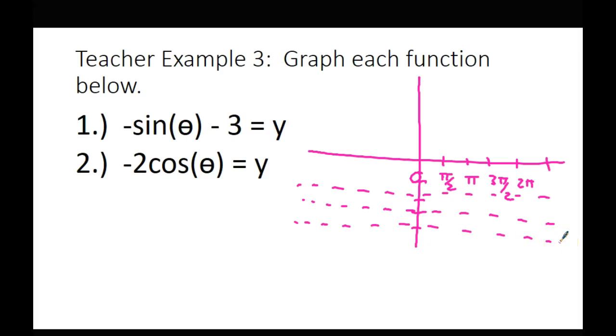Up 1 and down 1. And this is what kind of a function? Sine. So it starts at the midline, but since it's negative, now it goes down. That's the only difference. So midline, over 1, down 1, over 1, up 1, over 1, up 1, over 1, down 1. So the only difference is it went down instead of up to begin with, because it was vertically reflected.